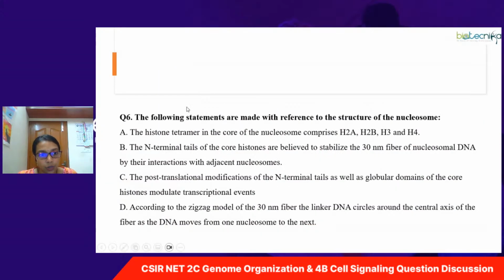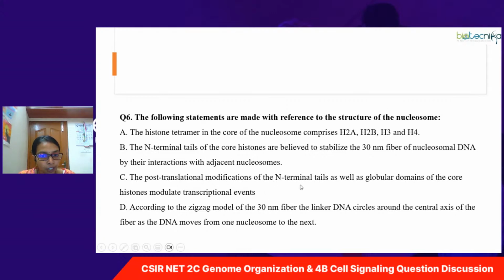Then the last question, I think, from Genome Organization. The following statements are made with reference to the structure of the nucleosome. The histone octamer in the core of the nucleosome is composed of H2A, H2B, H3 and H4. N-terminal tails are believed to stabilize the 30 nanometer fiber.